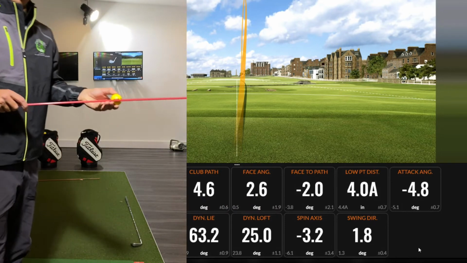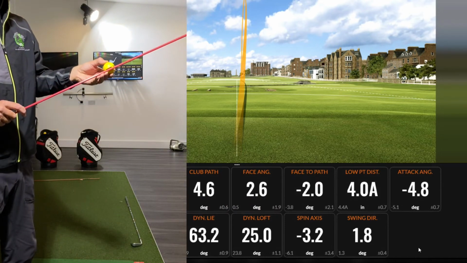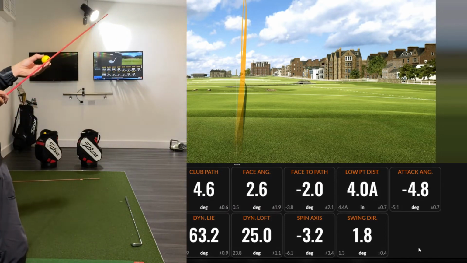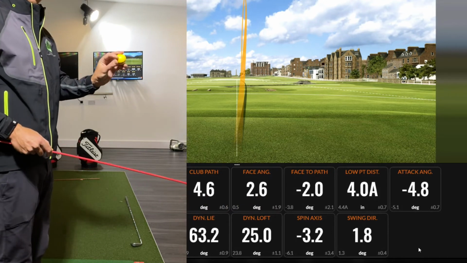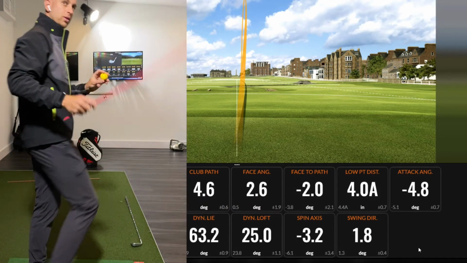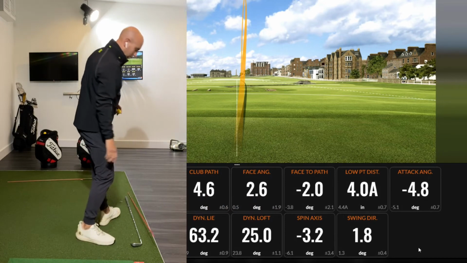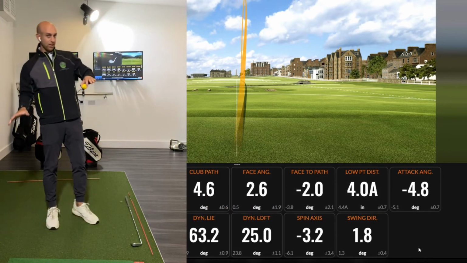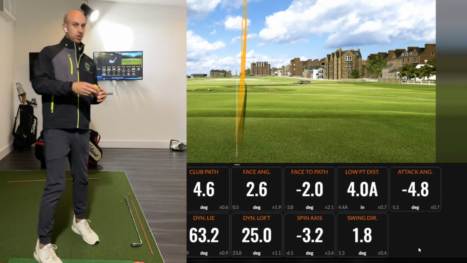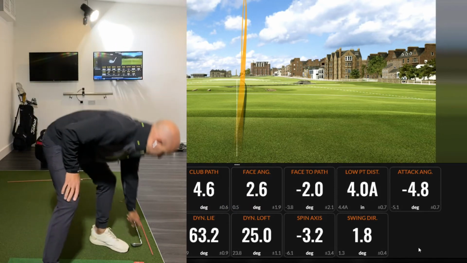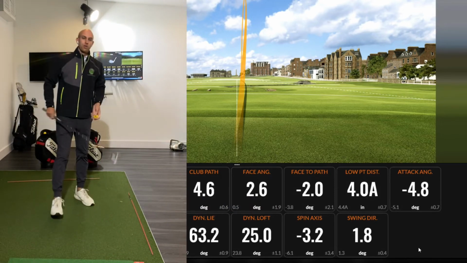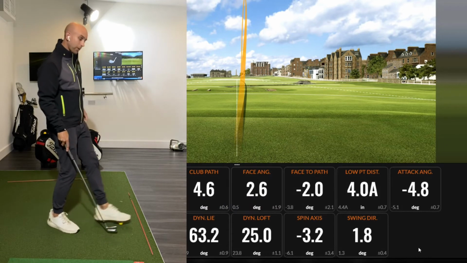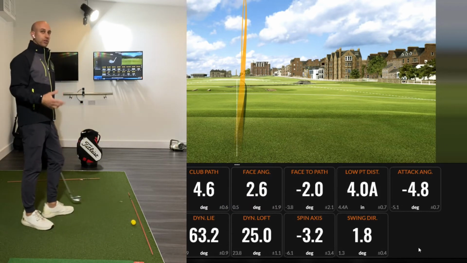If I'm hitting a draw, I would tilt the ball that way and the ball would move off this way. It's still spinning backwards. So spin axis, again, the bigger the number, the bigger the tilt of the golf ball, the more curve you get left or right.